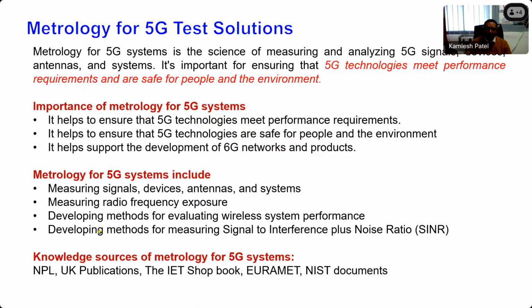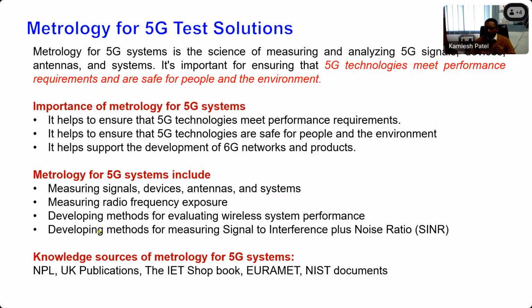Okay, so why are we looking for metrology for 5G test solutions? There are some important things which have to be fulfilled for the 5G system. The first thing is that metrology for the 5G system caters to the 5G signals, devices, antennas, and systems which are operating at 5G frequency bands.